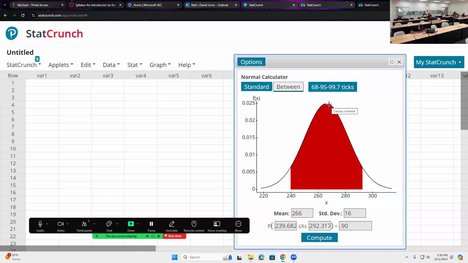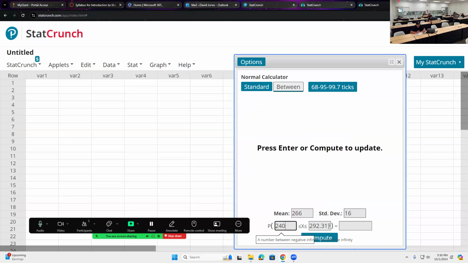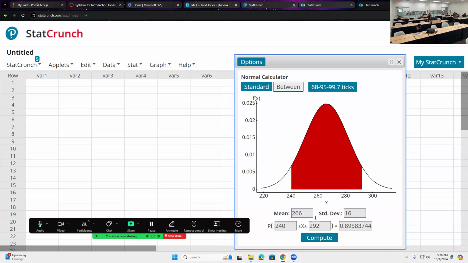If I round correctly, because it says round to the nearest day, what would be the nearest day here? 240. And what would be the nearest day on the right one? If we look at 240 to 292 though, now we don't have 90%.